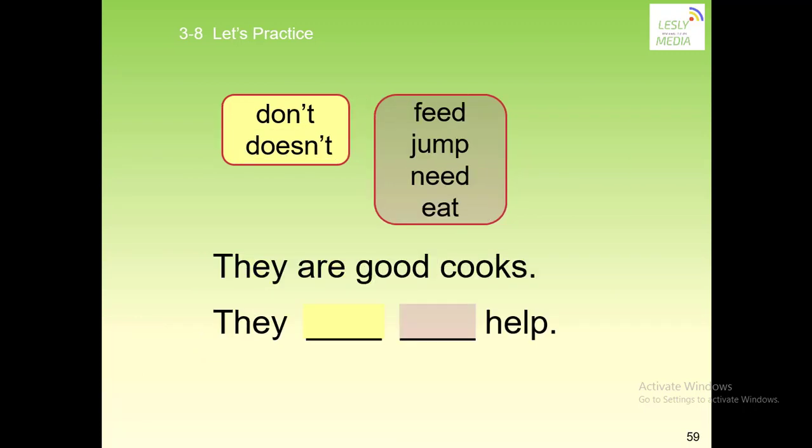Okay, next. They are good cooks. They don't or doesn't? Yeah, automatically don't. Why don't? Because the subject is they. Next. What is the next verb? Okay, need. They don't need help.